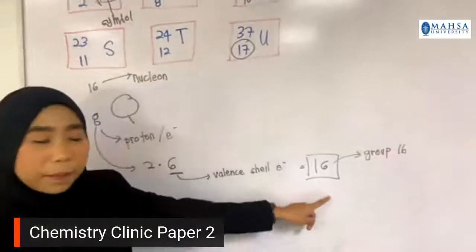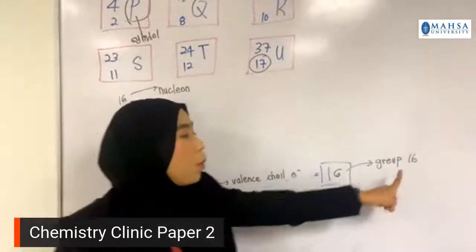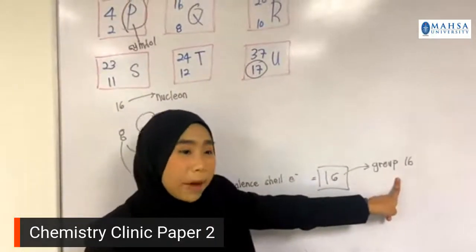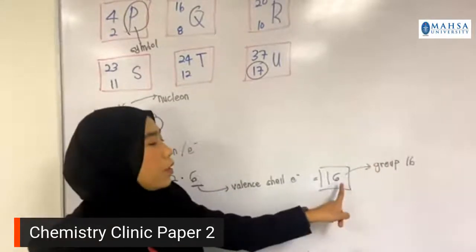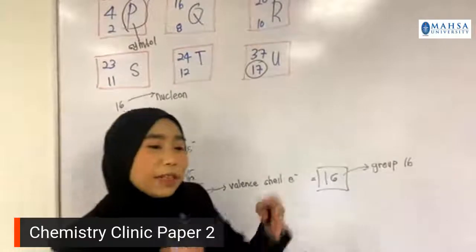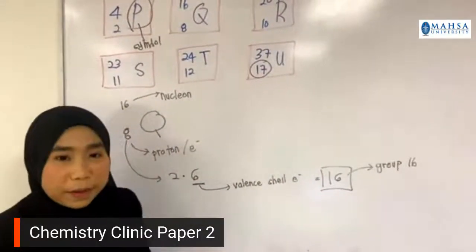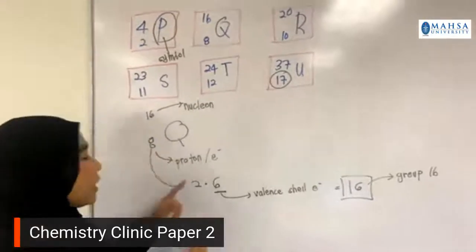For SPM, since we include the transition elements in the numbering, we will consider it as 16. But for IGCSE, we will use 6, because for IGCSE they don't include the 10 transition elements in the calculation of the group number. Okay, so this one is in terms of group.